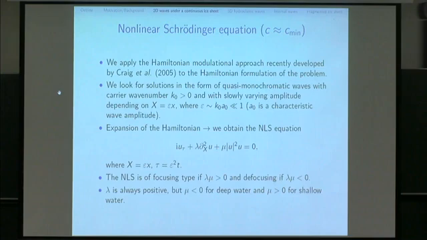For the elastic case, it changes the signs. If you have deep water, you have a defocusing, which says there are no small amplitude solitary waves. And it's focusing for shallow water, which allows you to have these solitary waves.